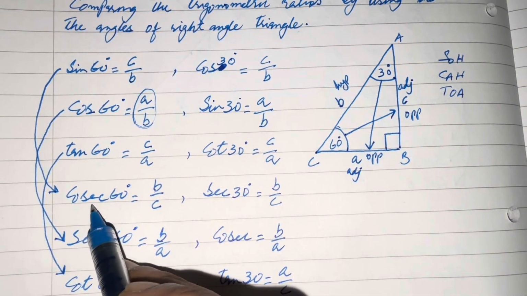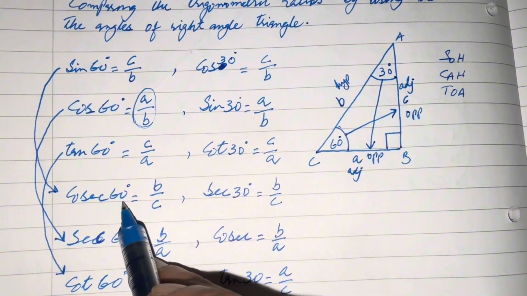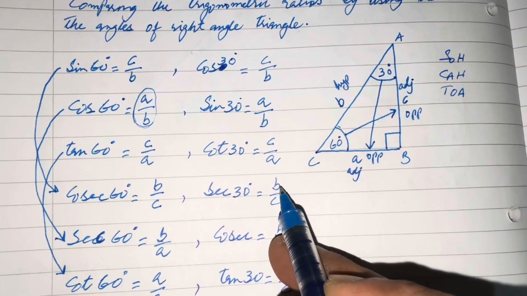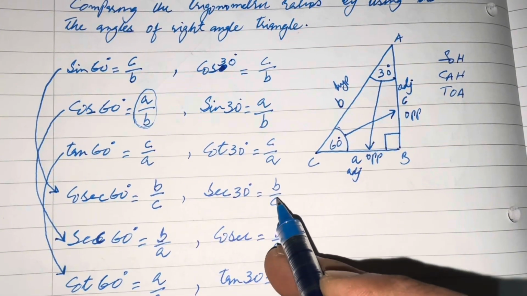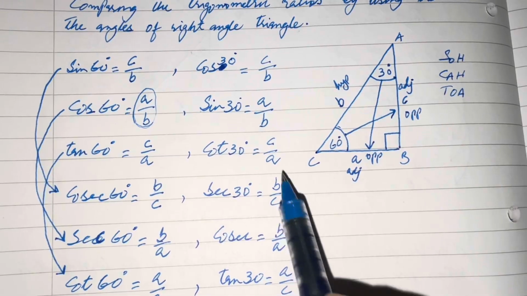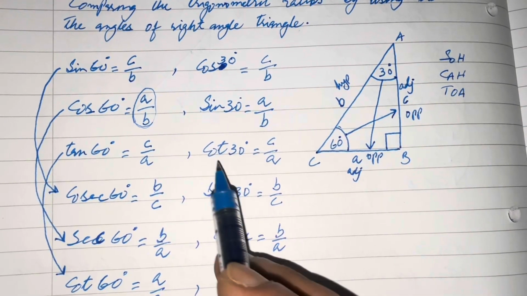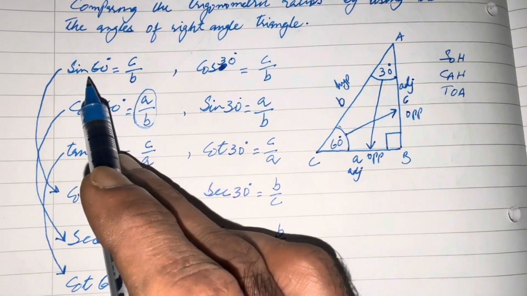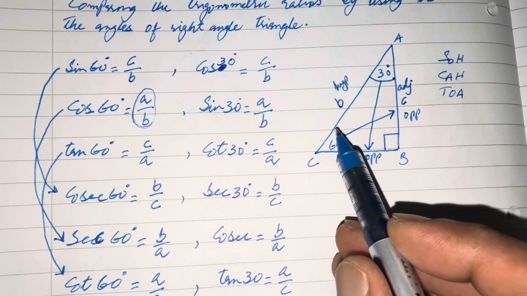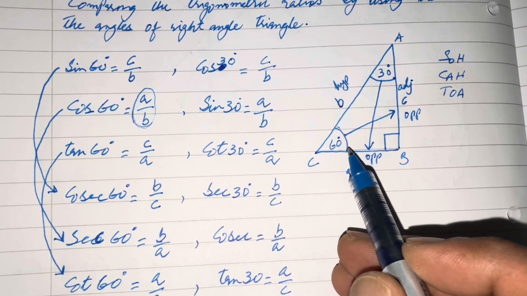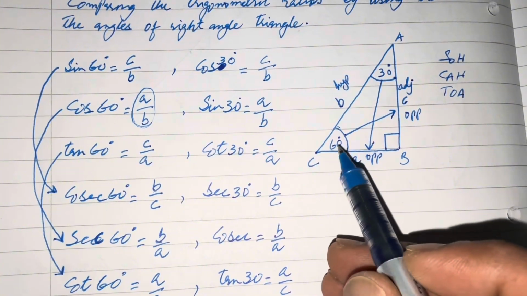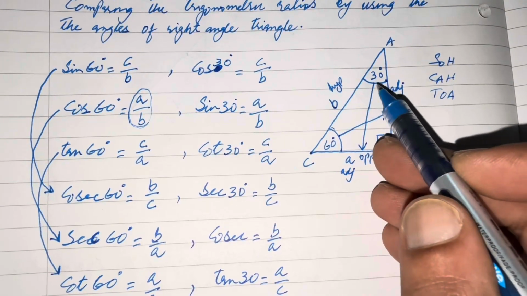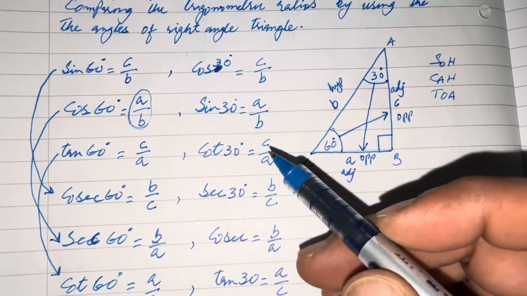If cosecant 60 is equal to B over C, then that will be equal to secant 30, B over C. So if we see these trigonometric ratios that have the same sides or same ratios, if we find the trigonometric ratios with respect to 60, then the trigonometric ratios with respect to 30 will be the same ratios with each other.